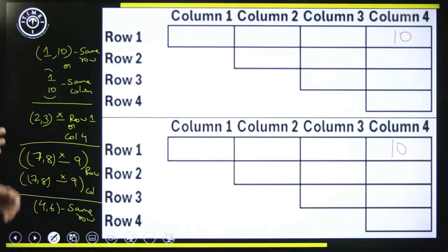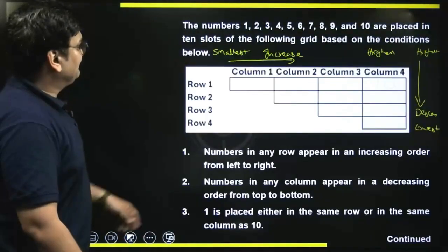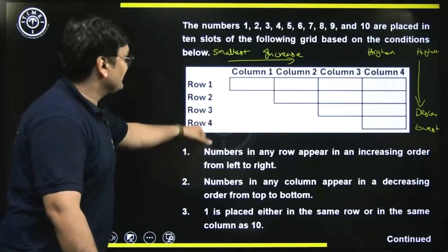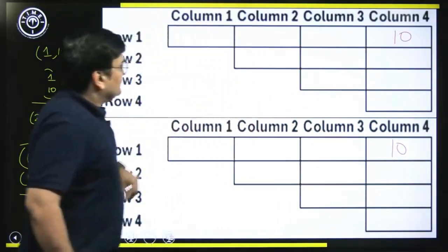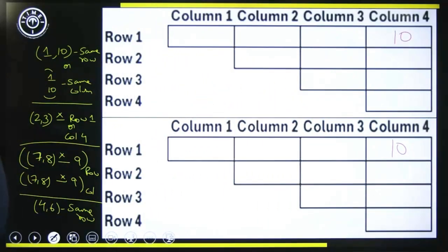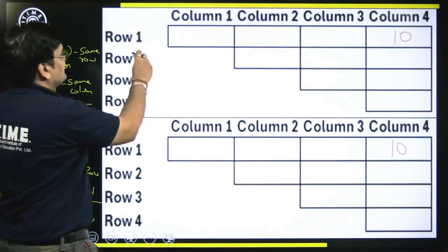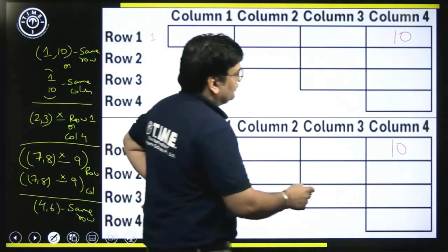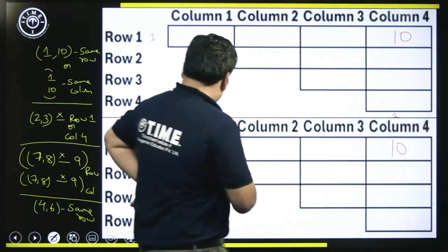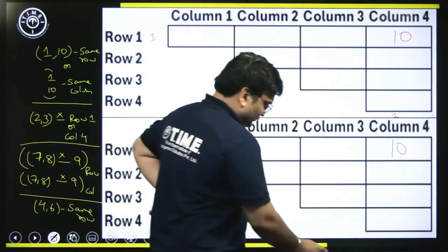So as we said, from the first 2 points, 10 should come only here in both the cases. Now once 10 is here, can I say 1 and 10 should be in the same row or in the same column? So that means in this case or this case, 1 should come either in row 1 or column 4.